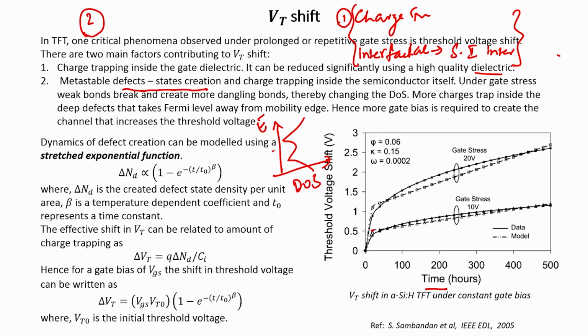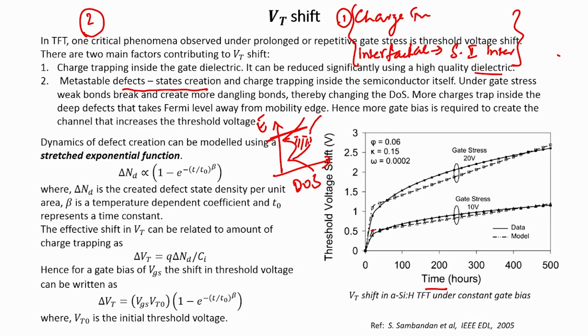Now, it so happens that as the TFT is in operation, so you have your Fermi level here, what happens is that due to the disorder in the semiconductor and due to electrons interacting with these weak and dangling bonds, stronger defects are created. In other words, new states are created deep inside the band gap.